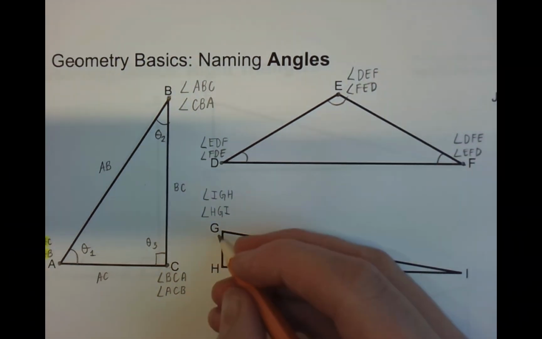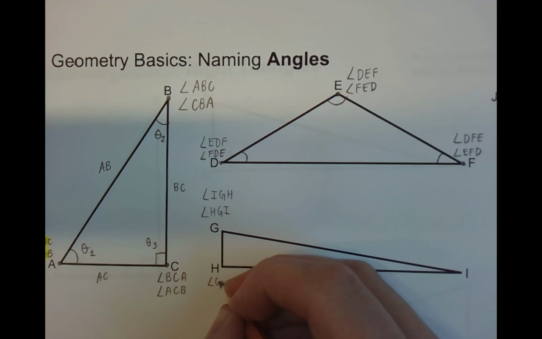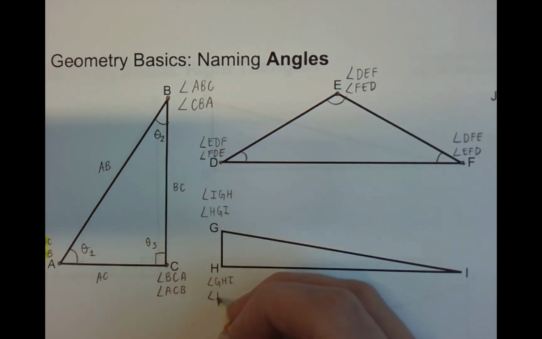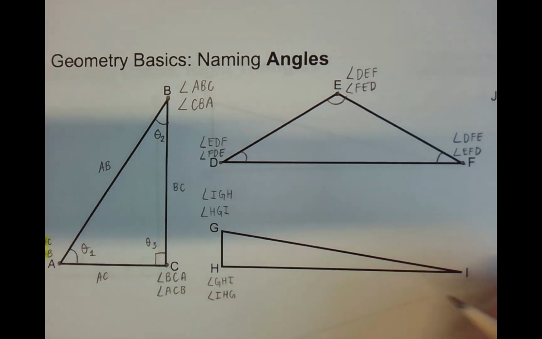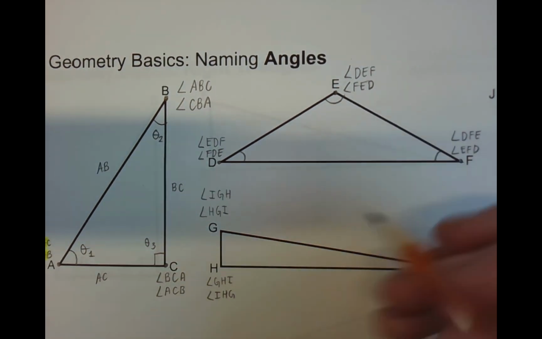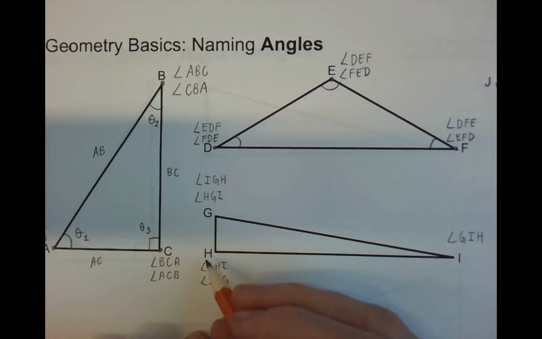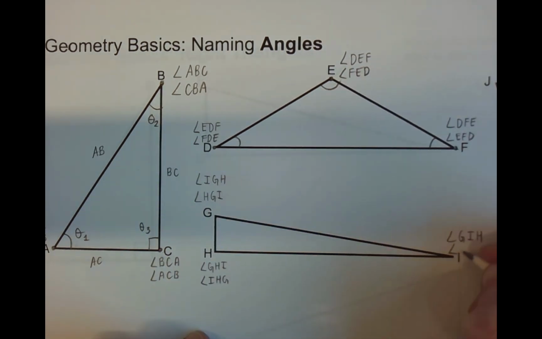So, GHI, angle GHI, angle IHG. This one would be angle GIH or HIG.